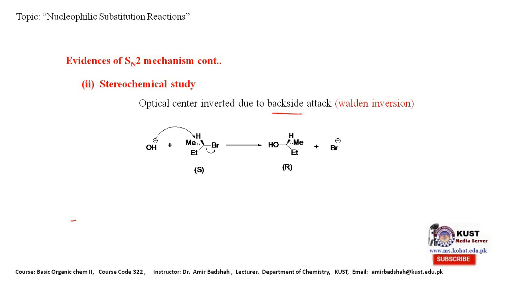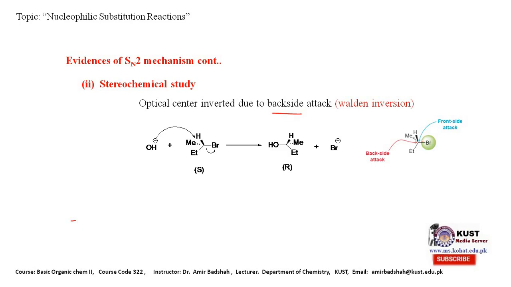Here you can see this leaving group leaves from that side. This represents the front side and this represents the back side. The front side is due to the group which leaves. So the group leaves from this side, so this is the front side and this is the back side. So here the attack takes place from the back side, not from the front side.